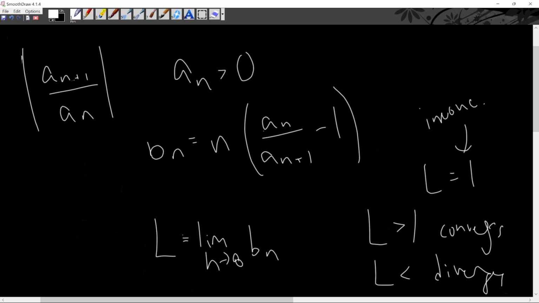And a sub n should be greater than a sub n plus 1 if we have a converging series. If this is less than or equal to 1 minus b over n, then for every value of n greater than k, being some arbitrary natural number, then this should ring true, right? And this is just another application of the ratio test.